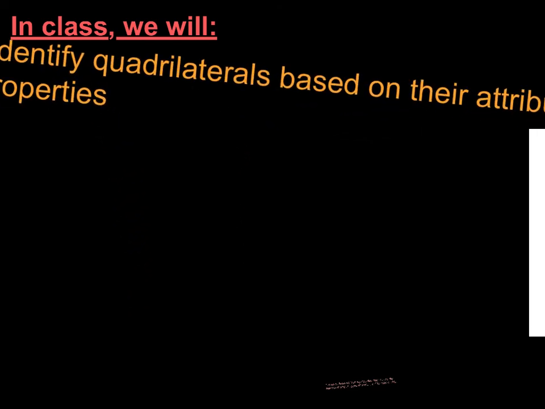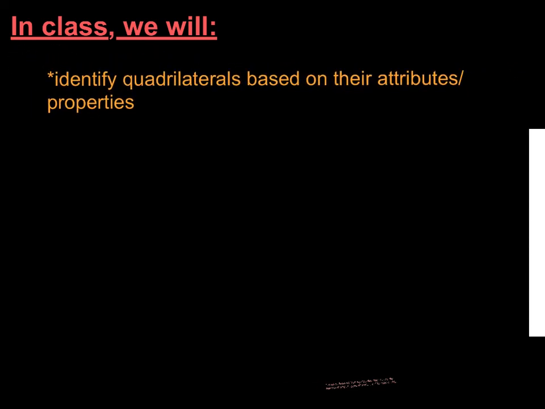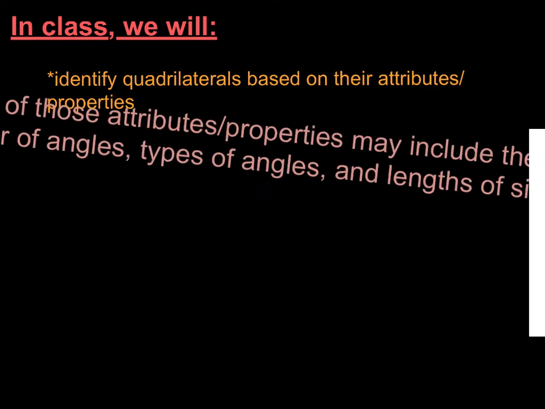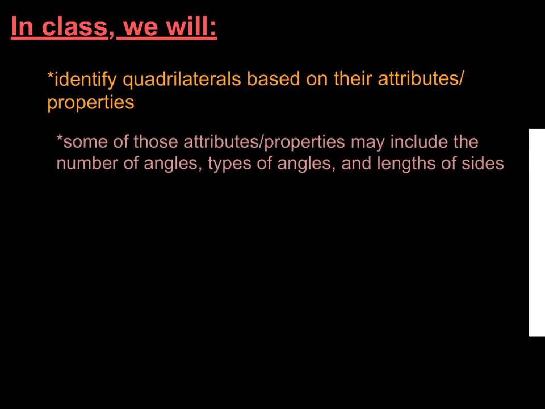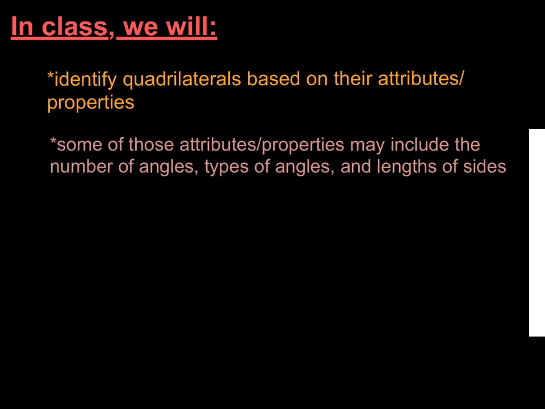So in class, we will identify quadrilaterals based on their attributes or properties. And realize that some of those attributes or properties may include the number of angles, the types of angles, and the lengths of the sides.